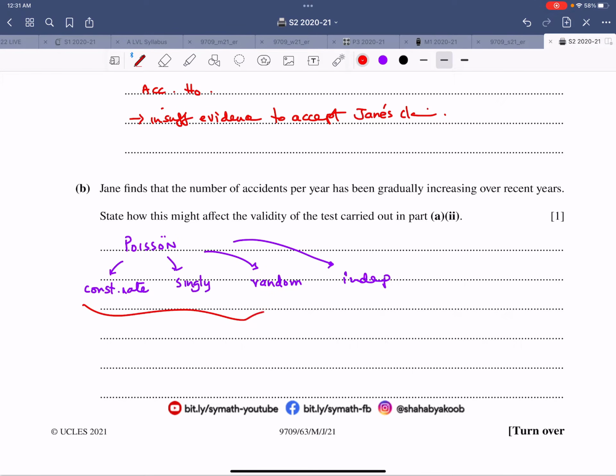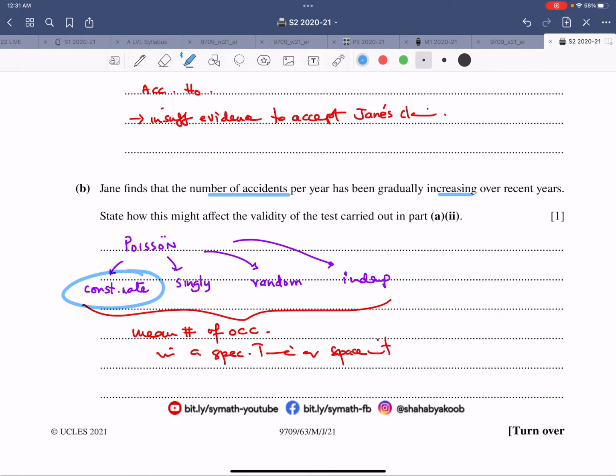All these 4 are for the mean number of occurrences in a specified time or space interval. Now, if the number of accidents has been increasing, that means this constant rate won't be true. So if it won't be true, Poisson is not the appropriate model.